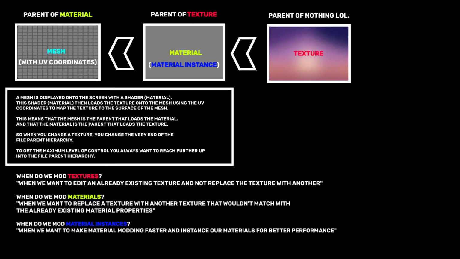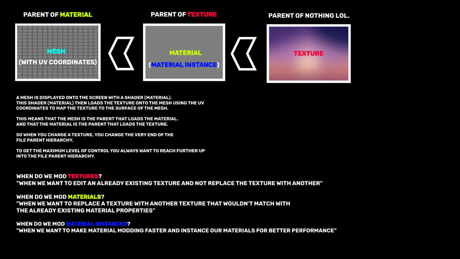So when you change a texture, you change the very end of the file parent hierarchy. To get the maximum level of control, you always want to reach further up into the file parent hierarchy. So if I mod a texture, that is all the control I get.